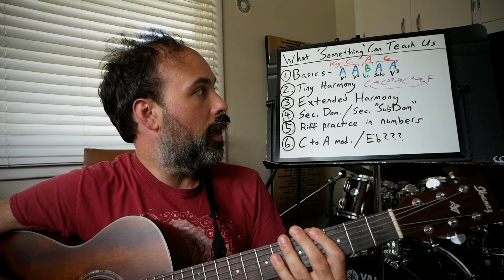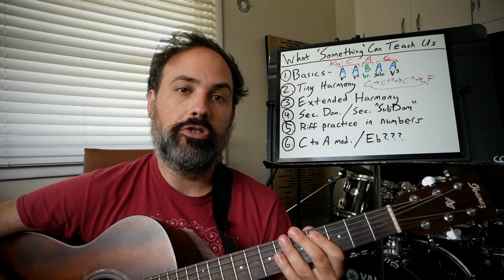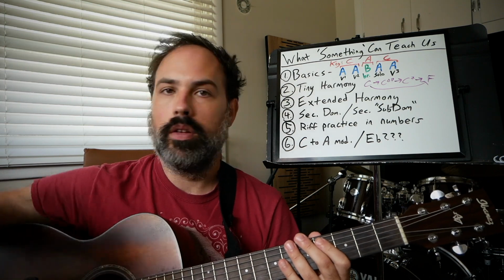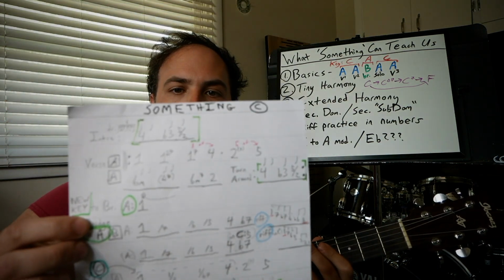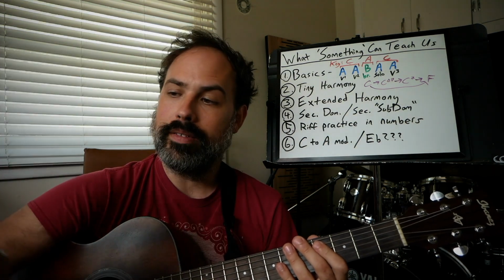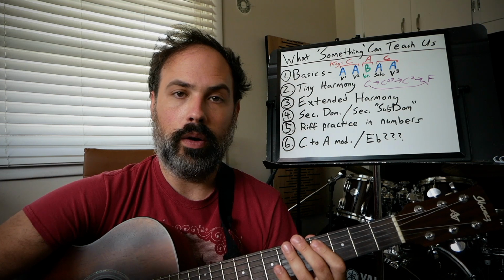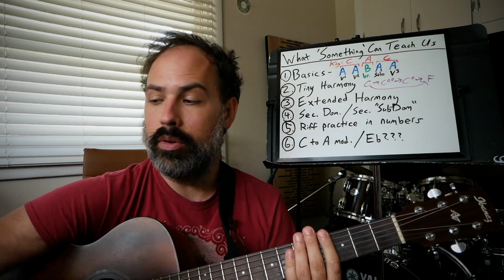The first thing I want to cover today are just the basics of this tune. I will also have a chart linked in the description, a PDF. It's going to look like this. Can't see it well, but it will be a lot easier to read there. This is something I would make myself if I had to play this today for a gig, or a song that I didn't know that was similar to this, similar level, really any kind of tune.